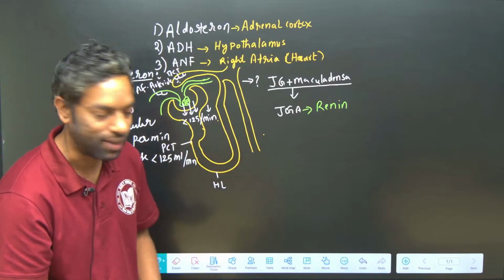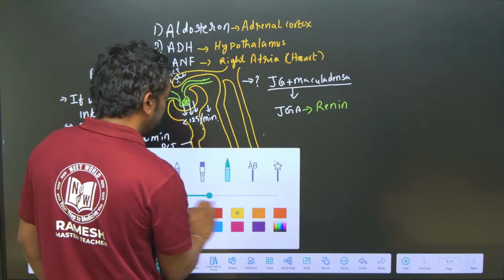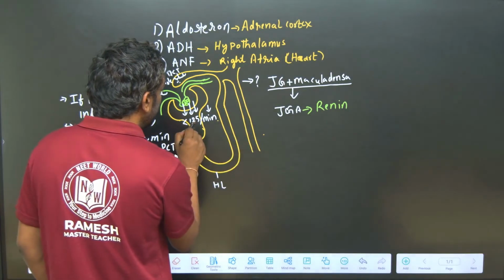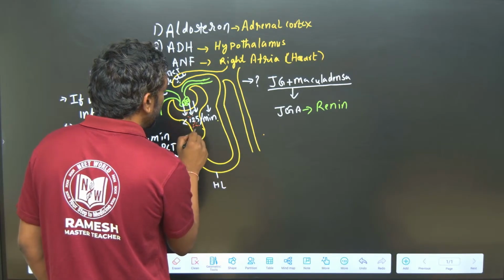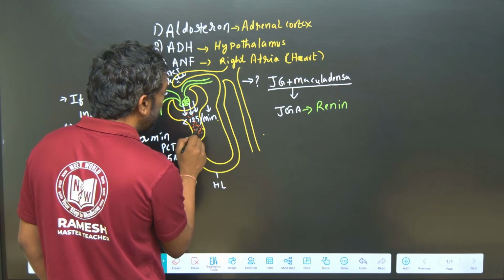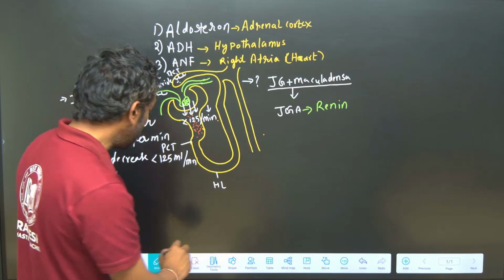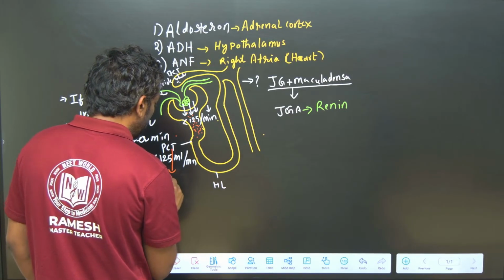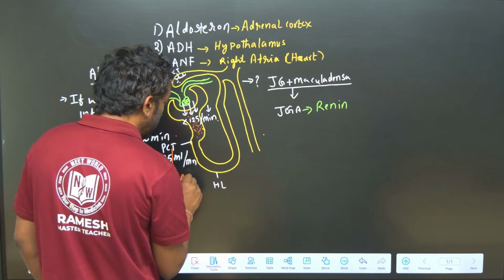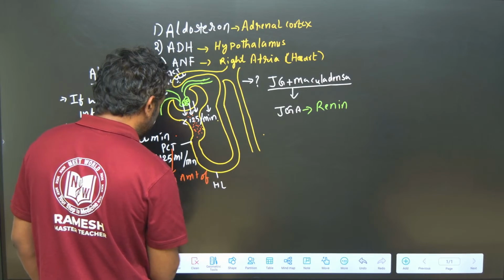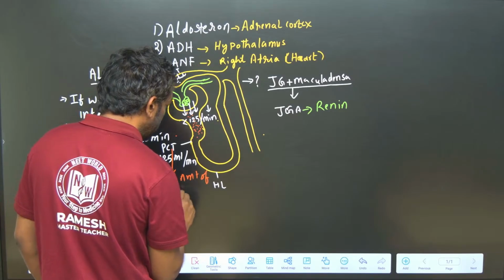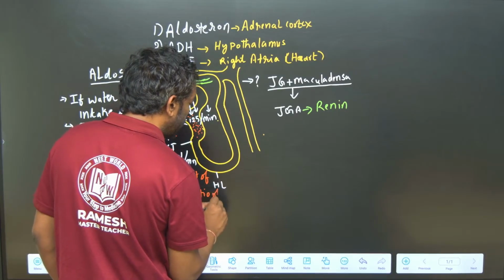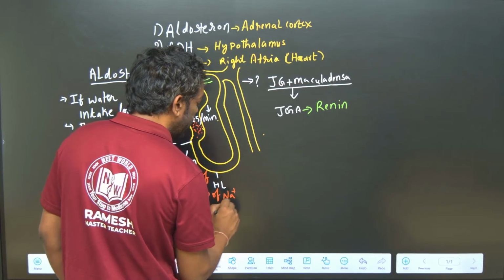How can they recognize it? If the blood pressure decreases, the solution enters the PCT very slowly. So in the PCT part there is a high amount of reabsorption of sodium ions.